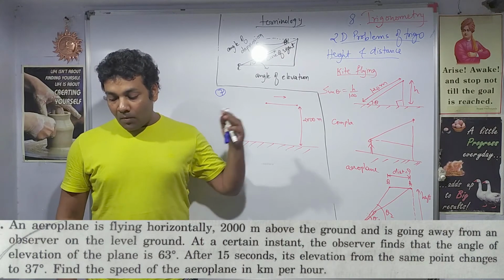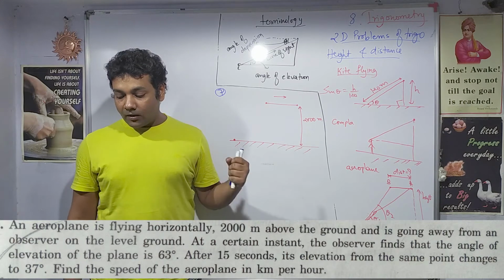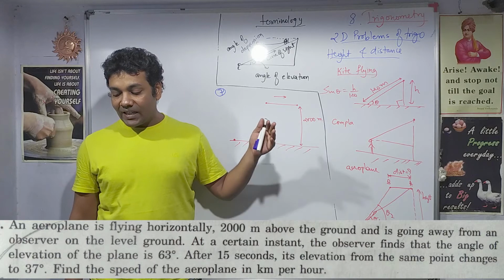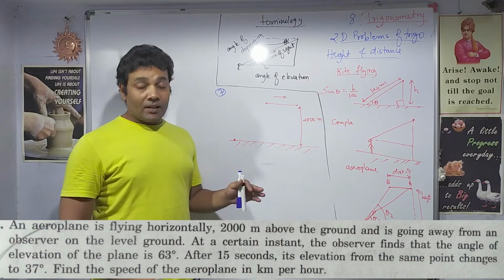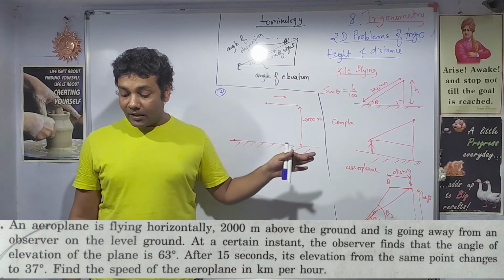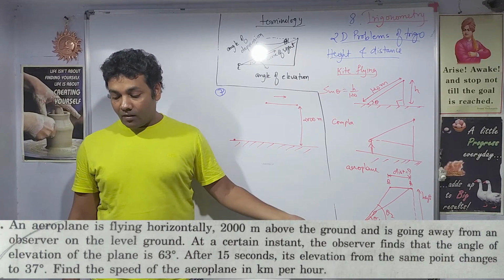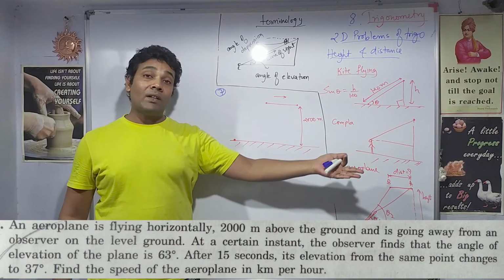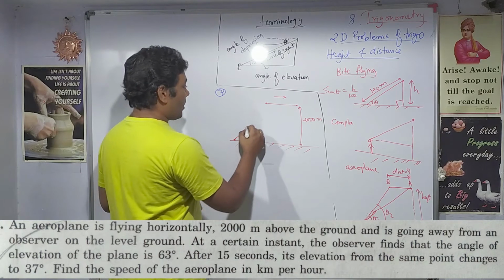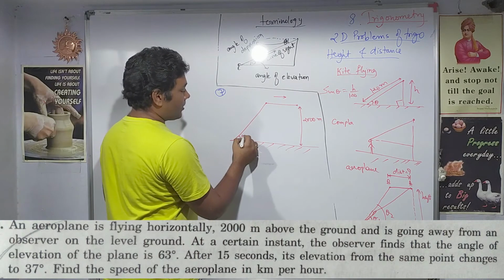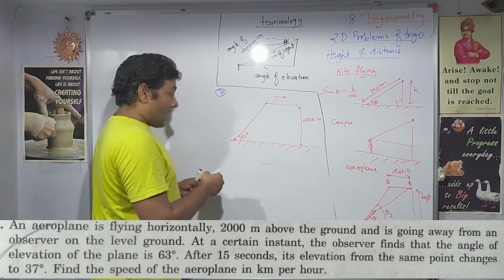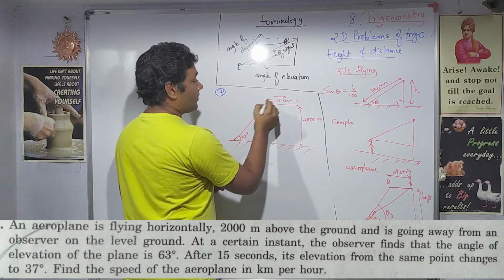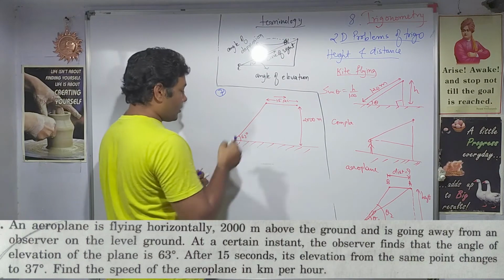So once again, the plane is going away from an observer on the level ground. At a certain instant, the observer finds the angle of elevation of the plane is 63 degrees. After 15 seconds, the angle of elevation from the same point changes to 37 degrees.